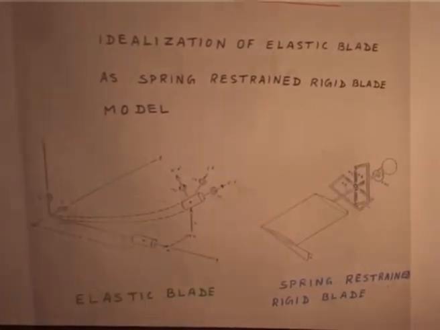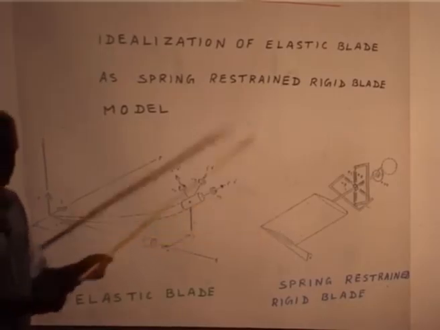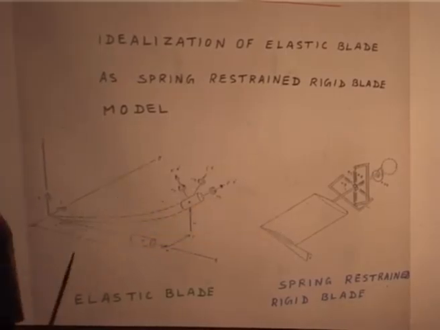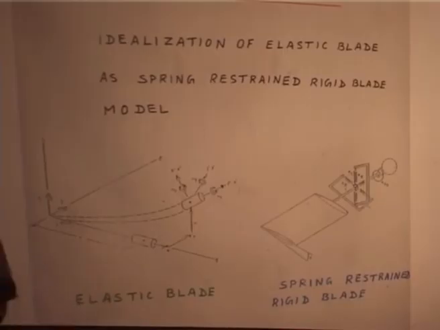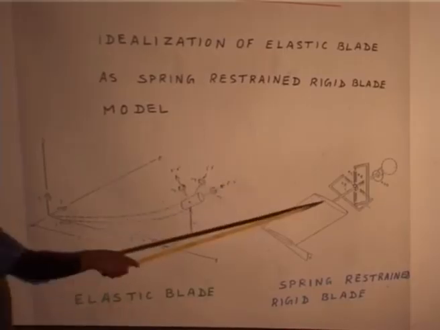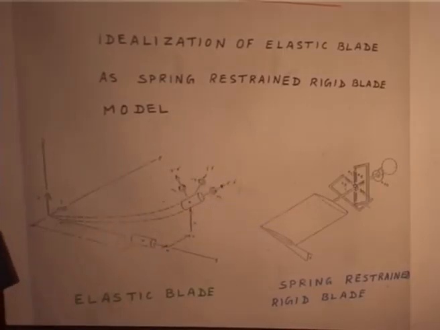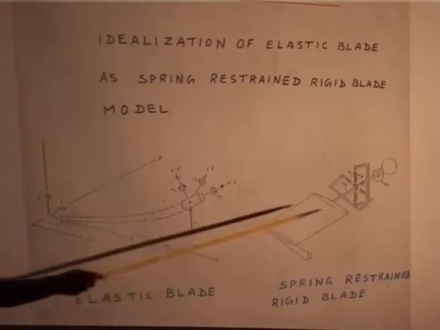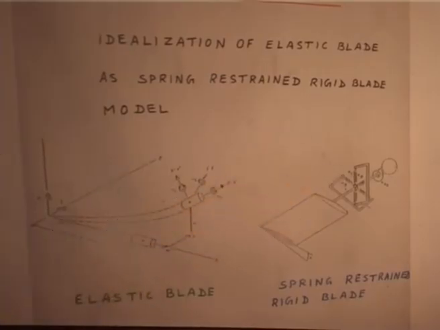This is an arrangement. This is my own idealization. Now, I idealize my rotor blade like this, and then I go ahead and solve all the problems of the rotor blade by this model. The only question will be what should be my spring constant.